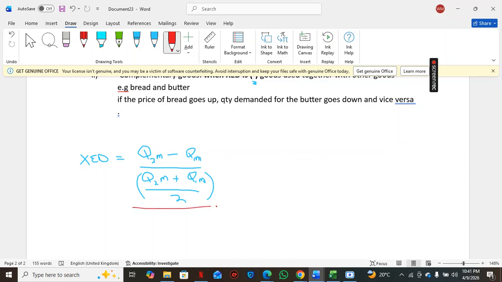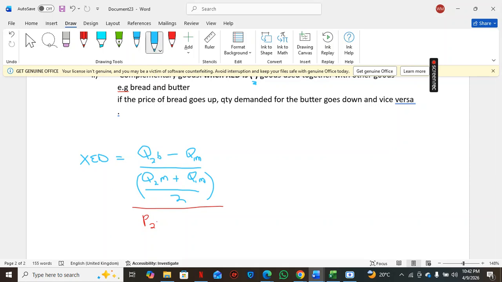And then over, oh, the quantities are for bread, sorry, because the price changes for the meat.